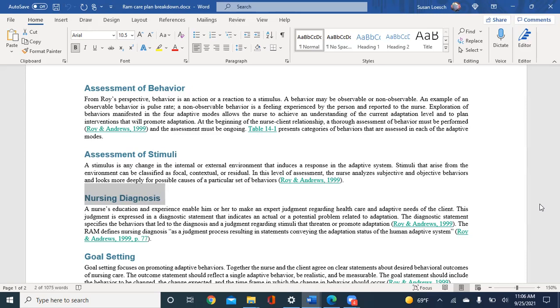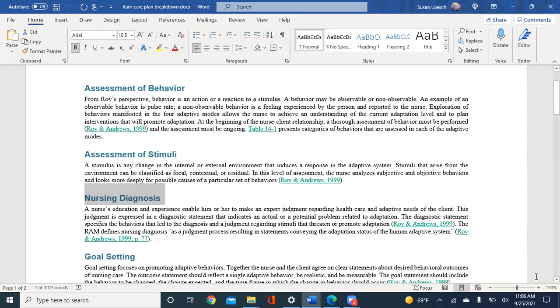So that's your objective or observable behavior. Your non-observable behavior is something that the person experiences and reports to the nurse, like your pain. And then, how do we respond to those behaviors?